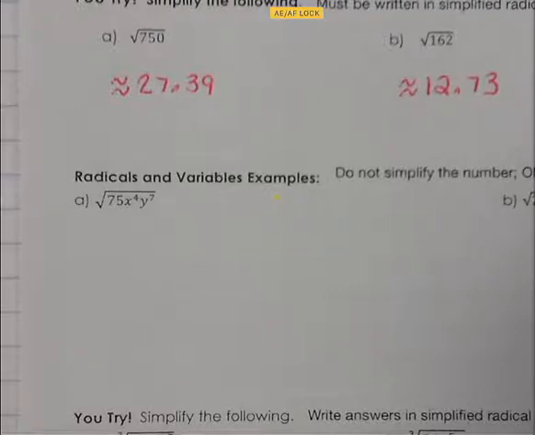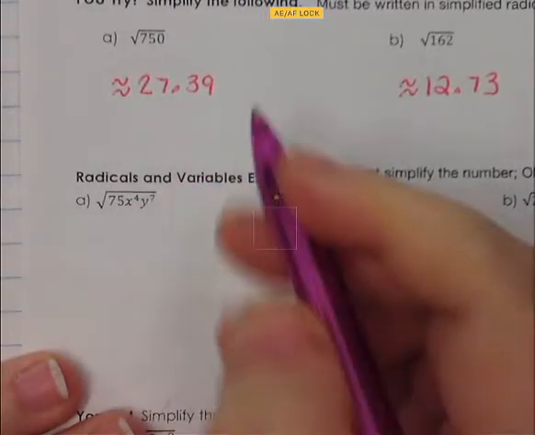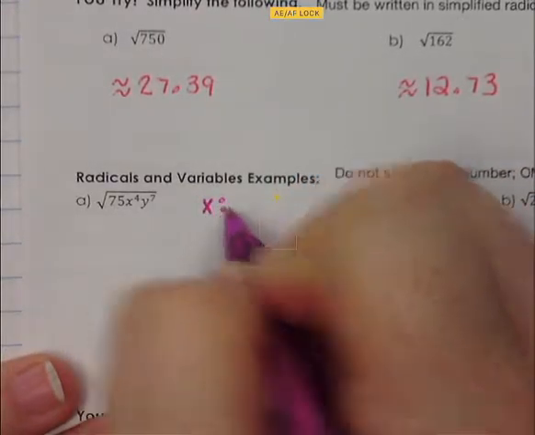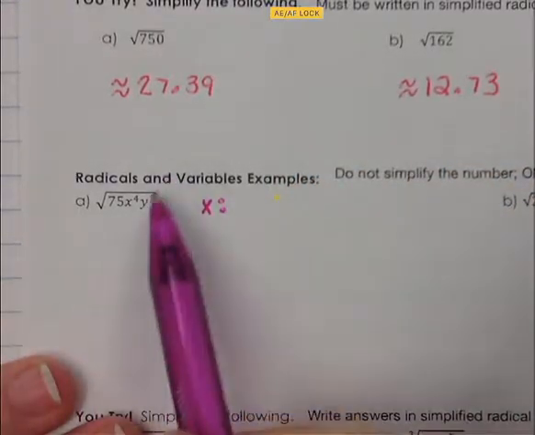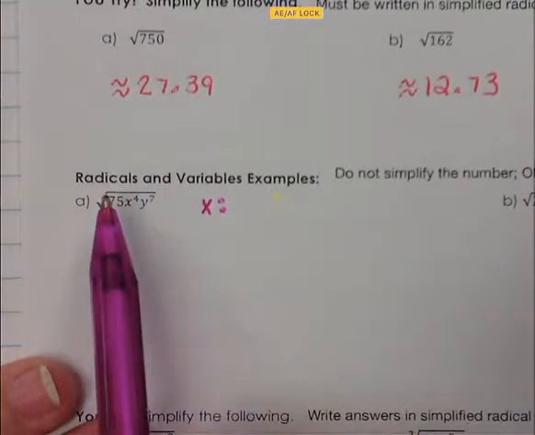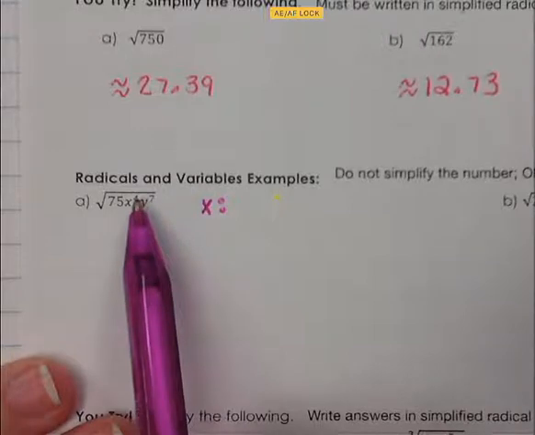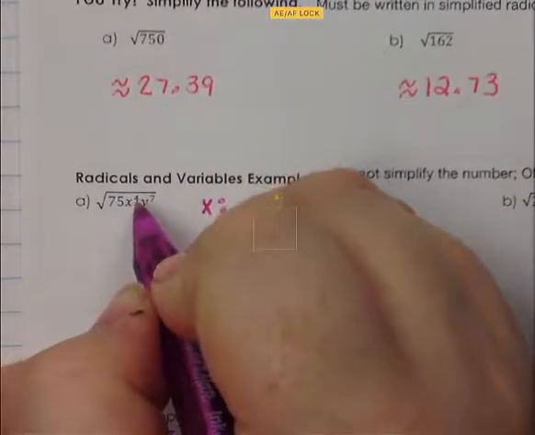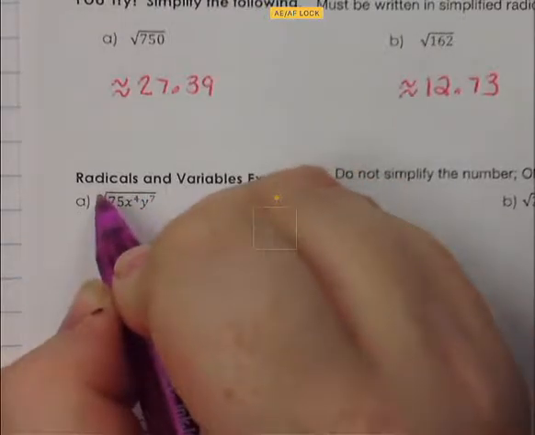So to simplify these, what we do is take our variables and separate them. This is x to the 4th, so x's. What we technically do is divide our exponents. Now these are exponents and they're going to stay exponents. Exponents stay exponents. So we're going to take our 4 and divide it by our index.